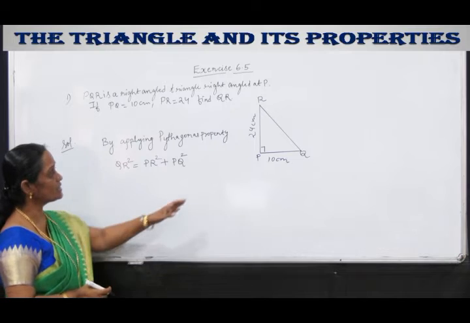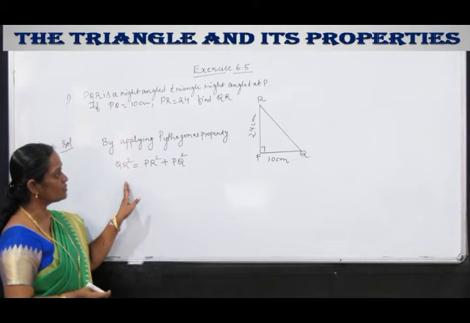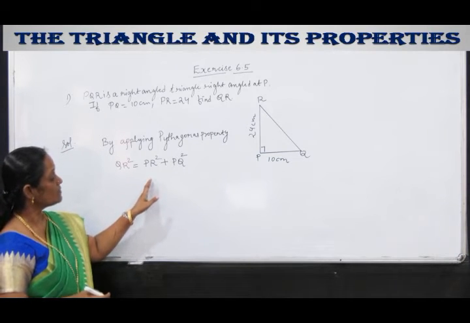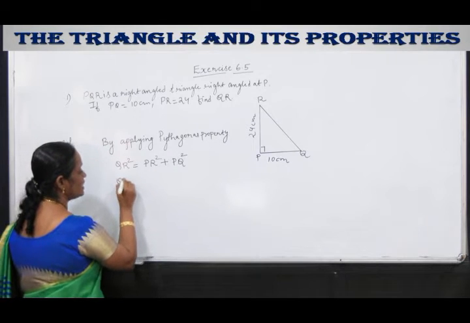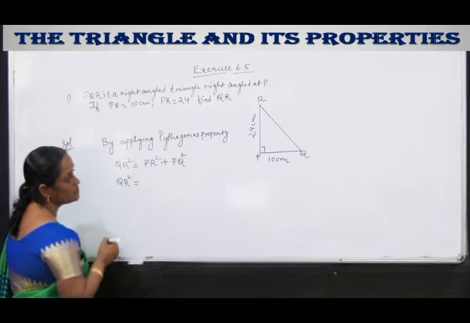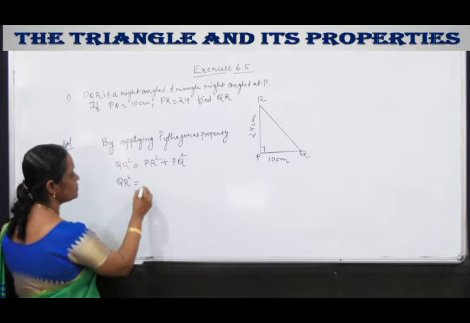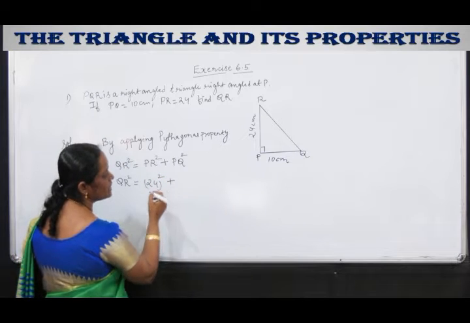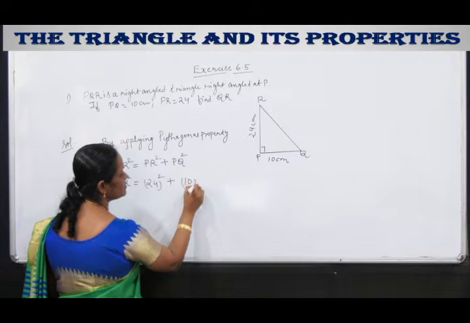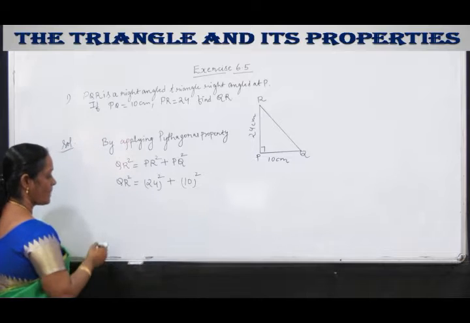Here the hypotenuse is QR. So QR square is equal to, what is PR here? PR is 24 centimeter, so 24 square plus PQ is 10 centimeter, so 10 square.